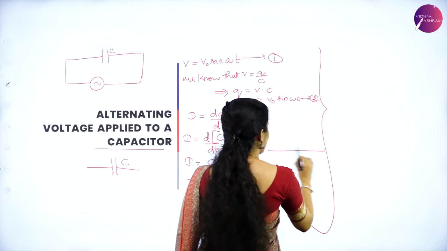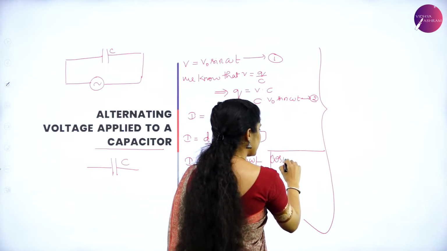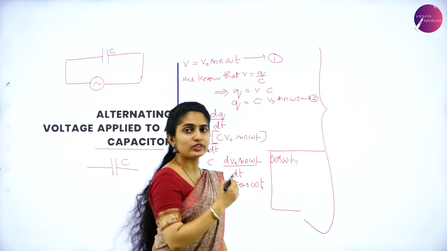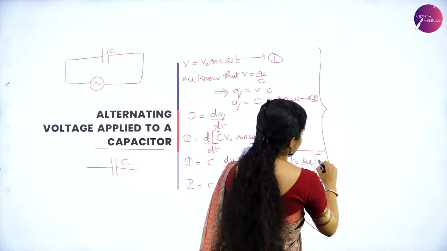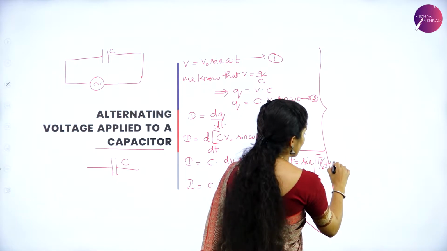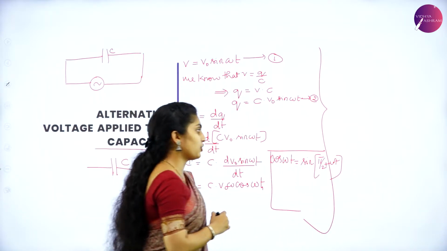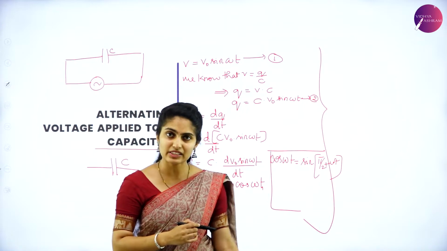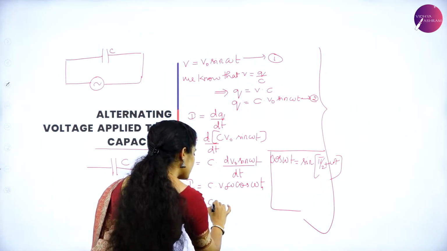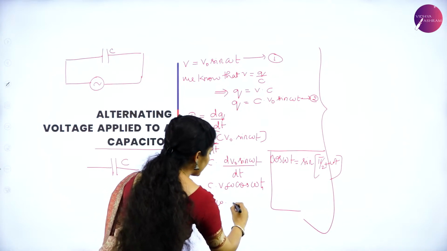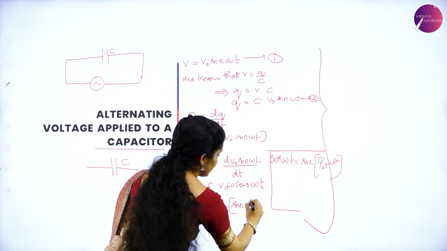We also know from the previous session the allied angles trigonometric functions: cos omega t is sine of pi by 2 plus omega t, or omega t plus pi by 2. So I is equal to V naught into C into omega, and cos omega t will be sine omega t plus pi by 2.